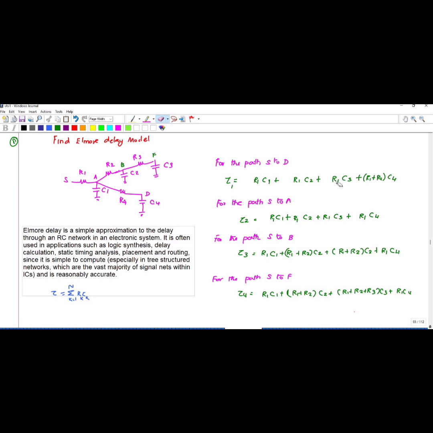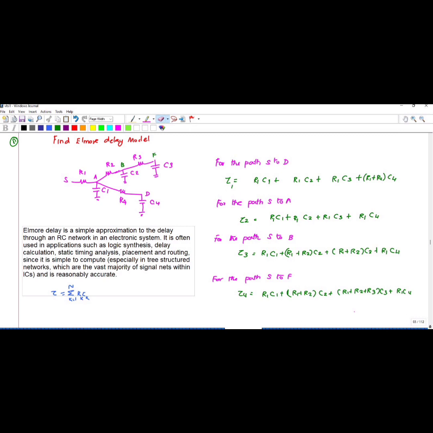For the path S to A, you have to write C1, C2, C3 and C4. For the path S to A you have only R1, right? So R1 is the same for all the capacitors: R1 C1 plus R1 C2 plus R1 C3 plus R1 C4.